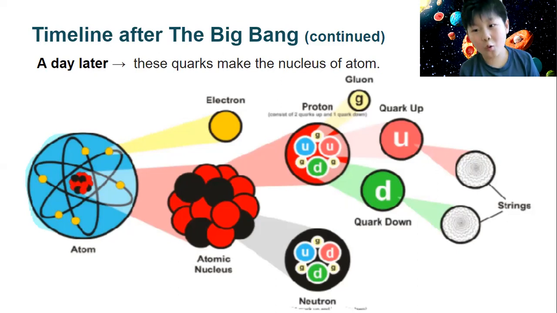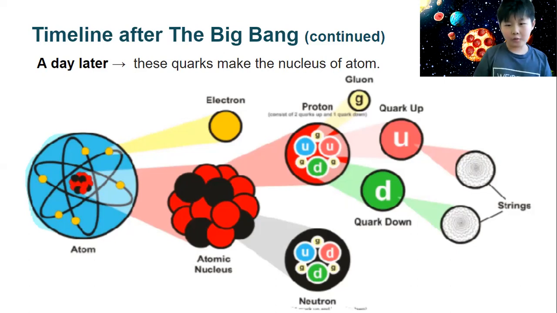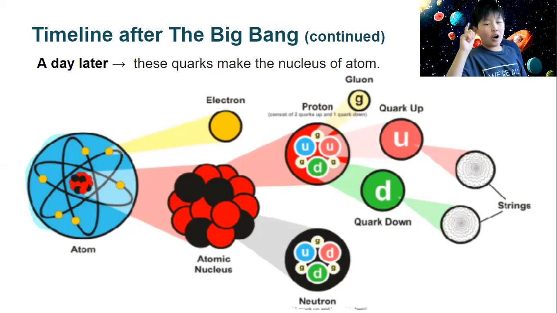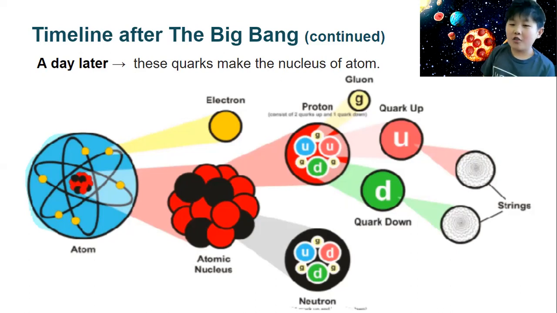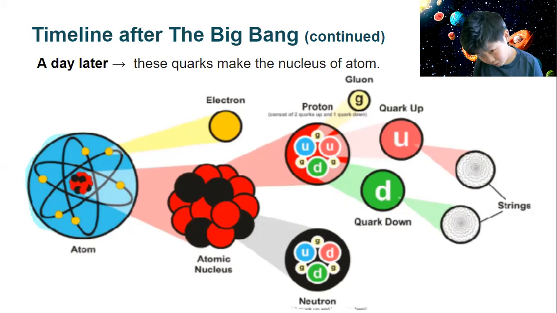How large is a quark compared to the size of a proton? The answer is the proton is 2,000 times larger than a quark.